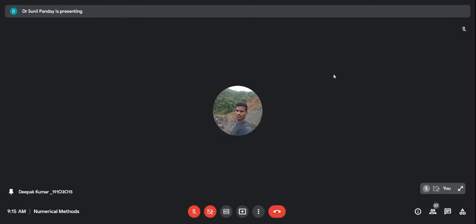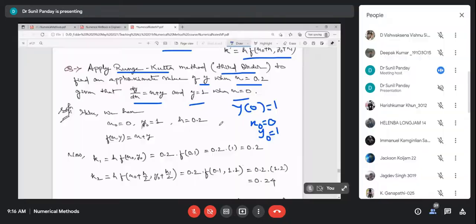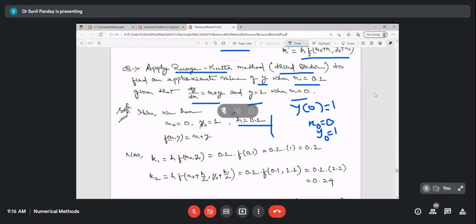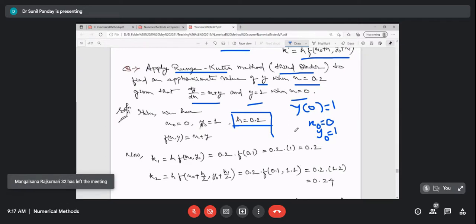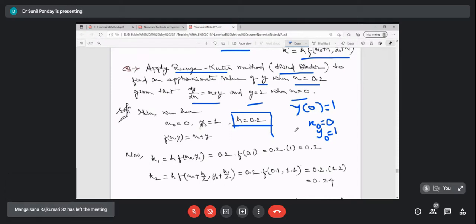In this problem they have taken h equals 0.2, but you can take h equals 0.1 also, or the question may state which h to take. If you take h equals 0.1, then you have to apply this method two times to get the value of y at 0.2, and if you take h equals 0.2, then you need to apply this method one time to get the value of y at x equals 0.2.